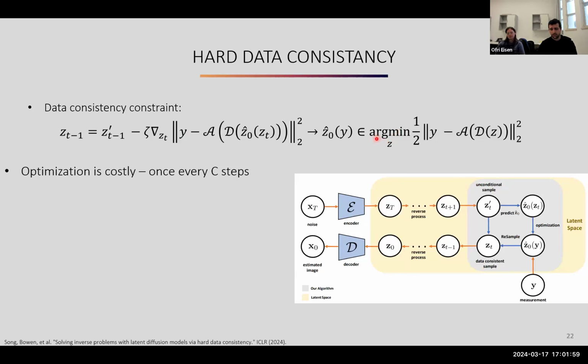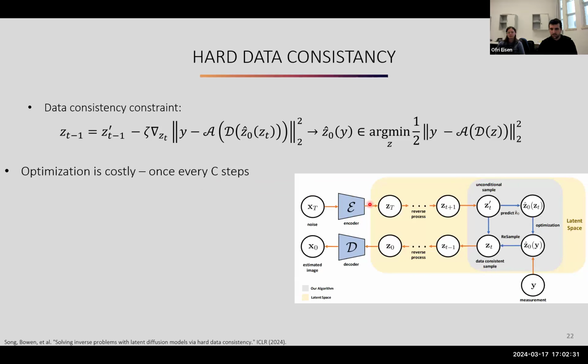You could do it by gradient descent, for instance. And as some of you probably notice, an optimization problem is very costly. If it's costly, you don't want to do it every time. So what they noticed is that if you do it only once every few steps, in their paper it was every 10 steps, you get pretty good results and you get less time cost.